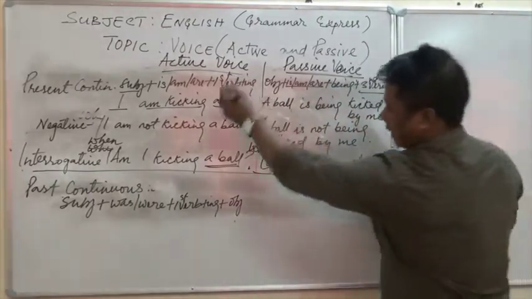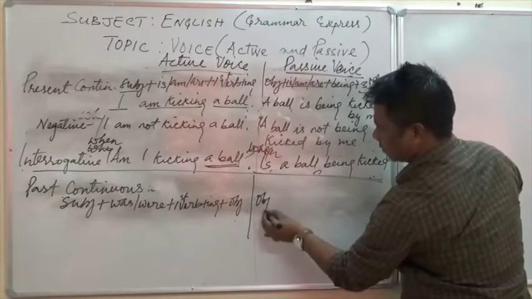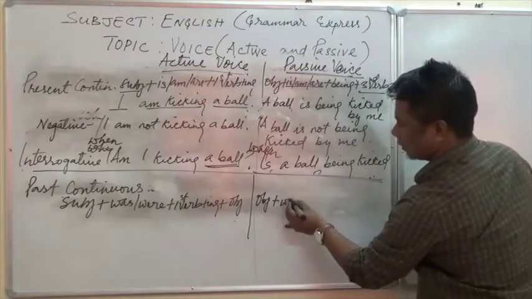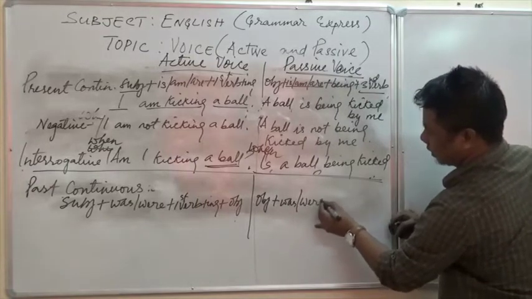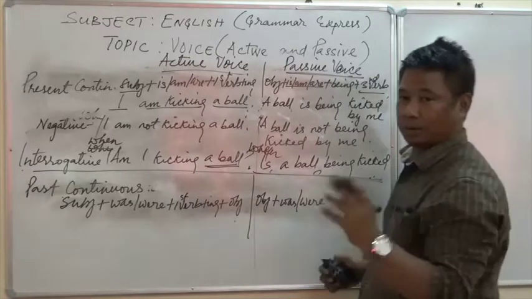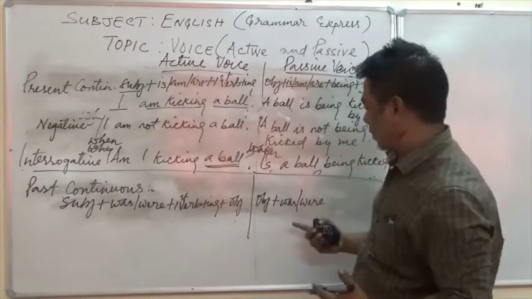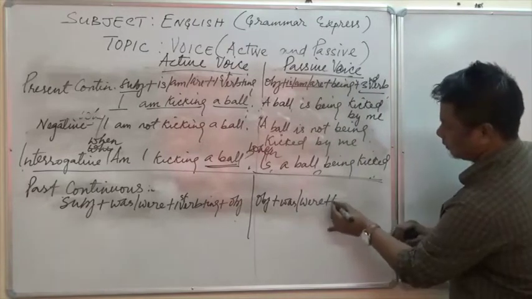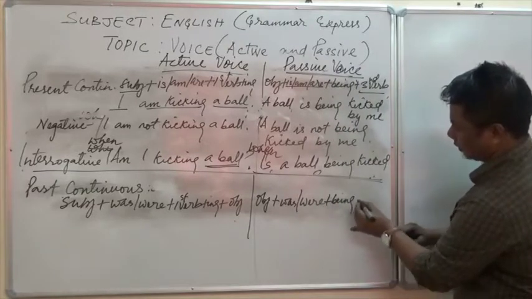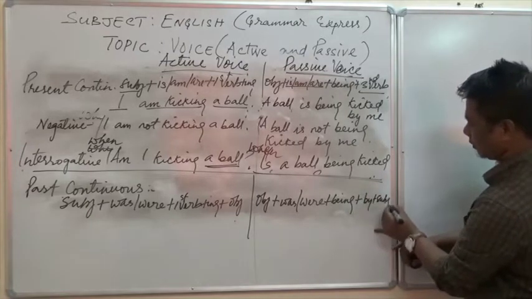So for the active voice and the passive voice, the object comes first, then was/were, being, then the subject.